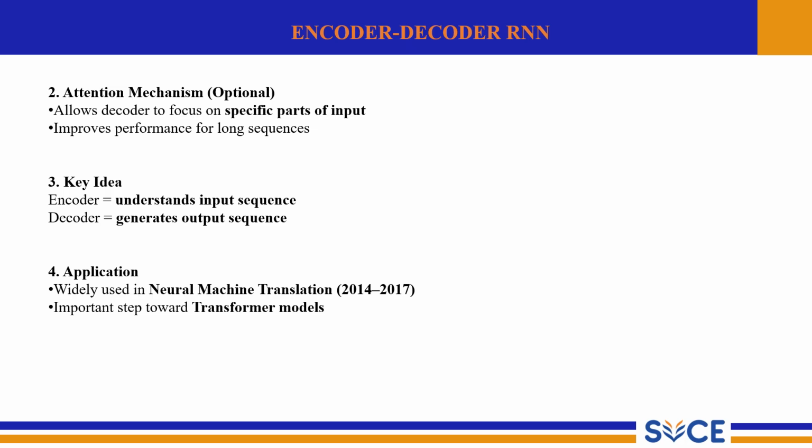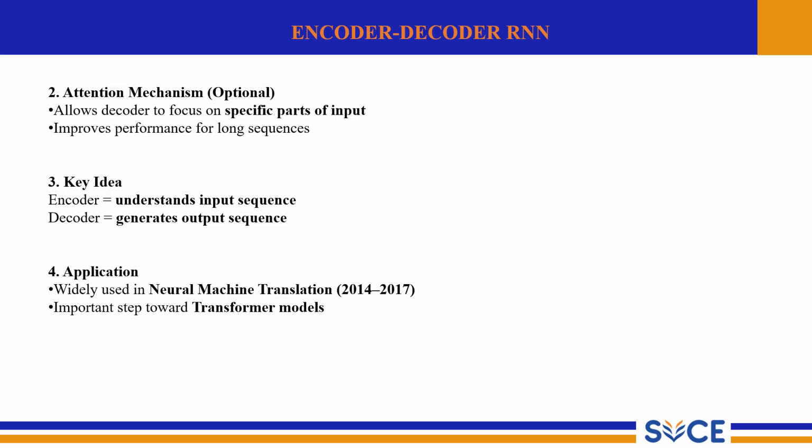So the applications: one of the most important applications is neural machine translation, especially in the systems developed between 2014 and 2017. These models were a major breakthrough in translating text between languages like English, French and many others.